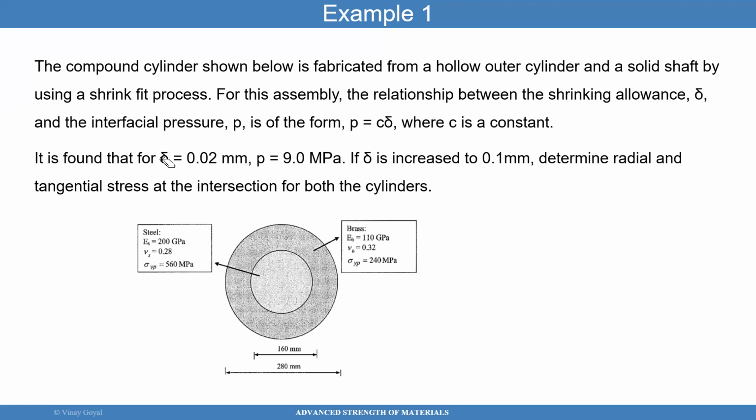And let me remind you what this delta of 0.02 really means one more time. So what does delta mean, right? What that means is the internal body of material, which is the core, is greater in size compared to the outside casing here, that's brass, by 0.02. Is bigger.